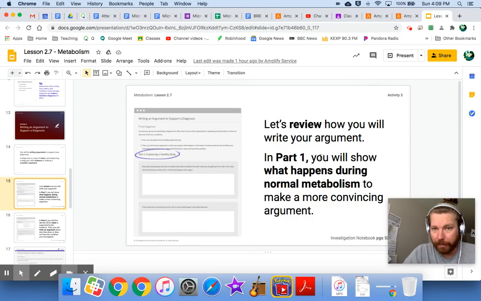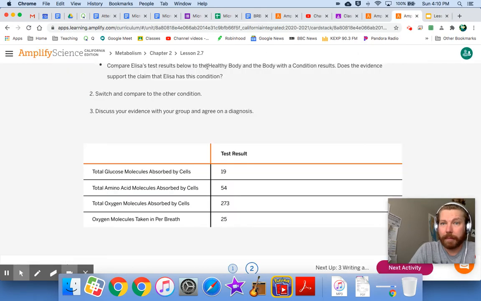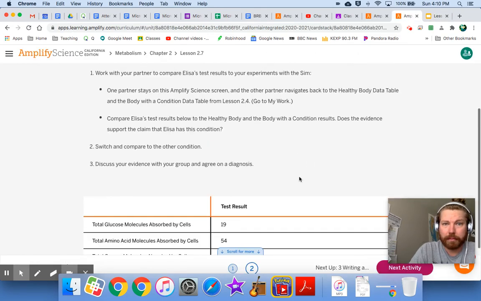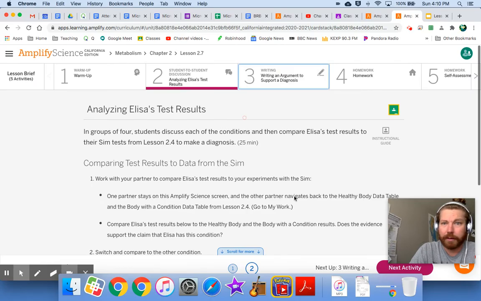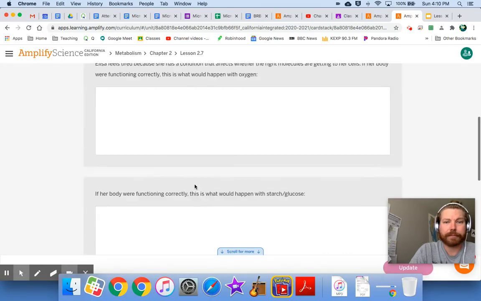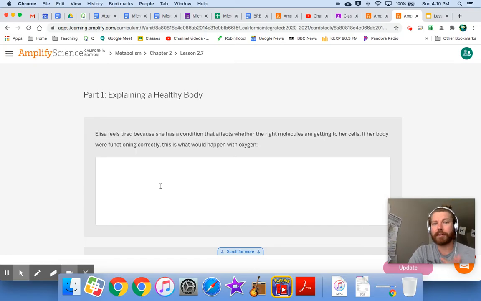In part 1, you're going to show what happens during normal metabolism. So for part 1 in our lesson here, activity 3, in this box, you're going to say, here's what happens with normal metabolism. The body does this. And the first part right here is oxygen.